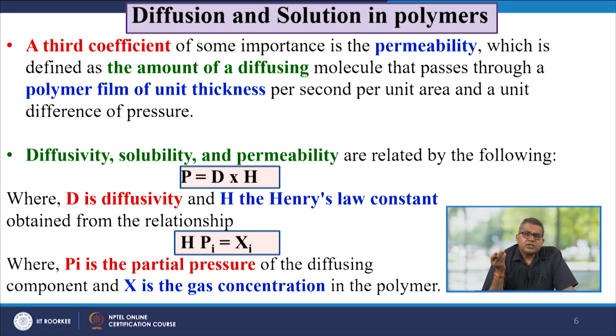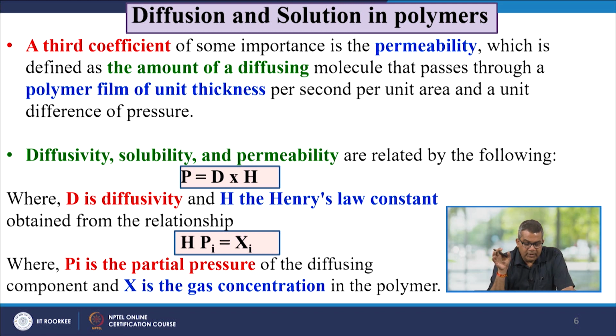A third coefficient of some importance is called the permeability, which is defined as the amount of a diffusing molecule that passes through a polymer film of unit thickness per second per unit area and unit difference of pressure.